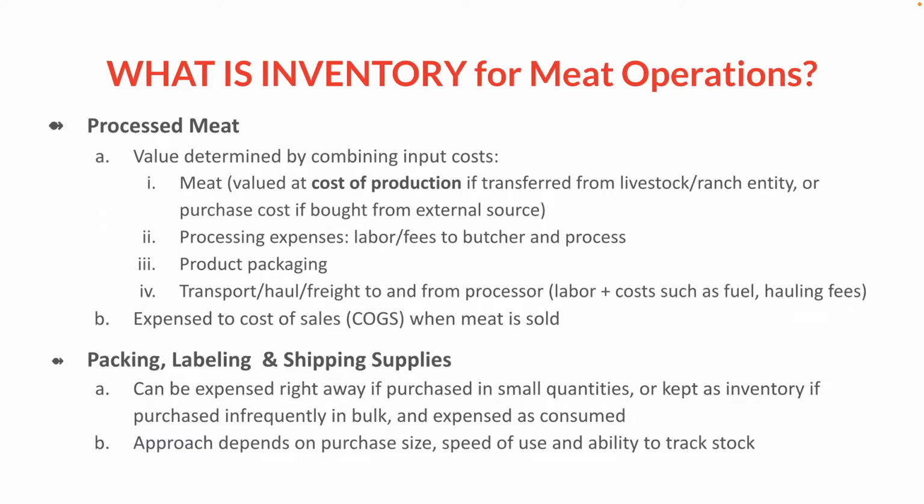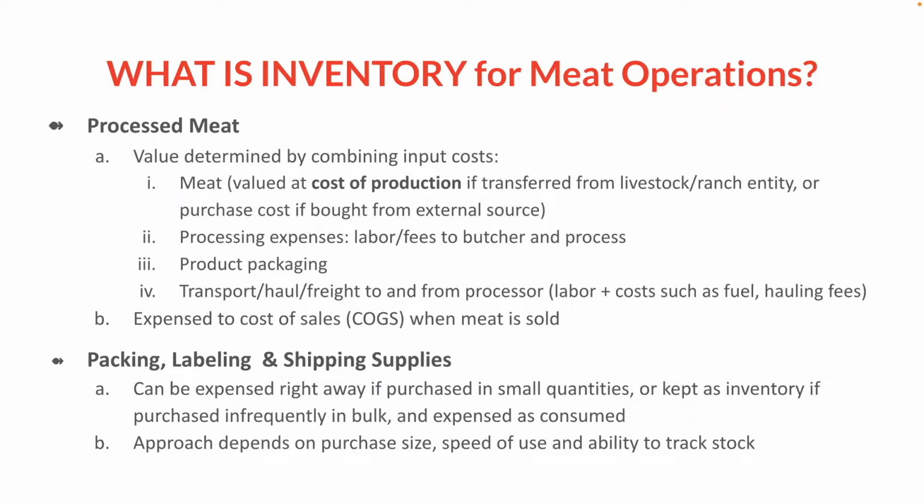But you also may have, and some people choose to have it as inventory, others don't, and I'll explain why, inventory of all of your packing, labeling, and shipping supplies. The instance where you may want to keep it as inventory is when you have to buy a bunch at once. Like you're buying hundreds of thousands of labels or thousands and thousands of boxes or packets, and you're getting your economy of scale, you're getting the break because you're buying so many at once, and expensing it all in that 1 month is just going to skew your P&L significantly.